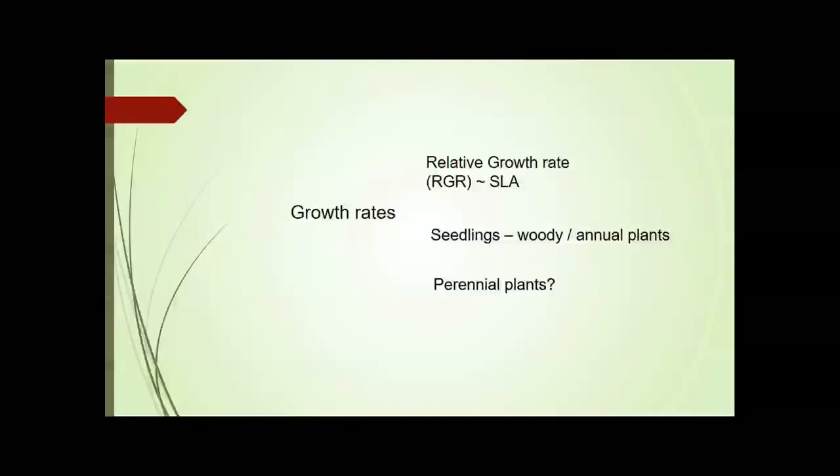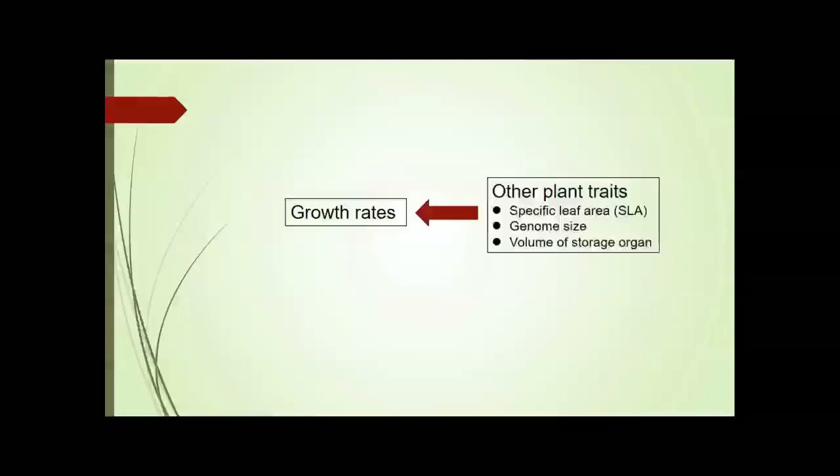And also, what about the growth rates for the plants during the whole growth season? Whether these leaf-specific traits or genome size or the volume of storage organs will affect the growth rates.